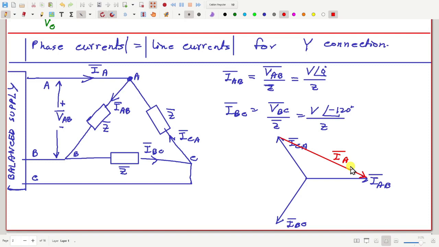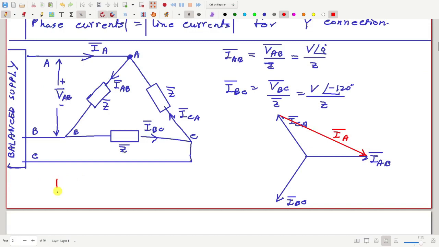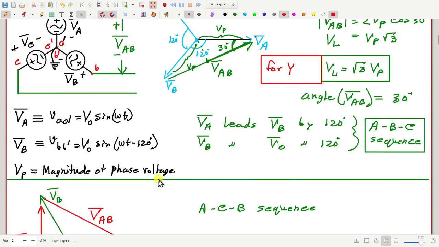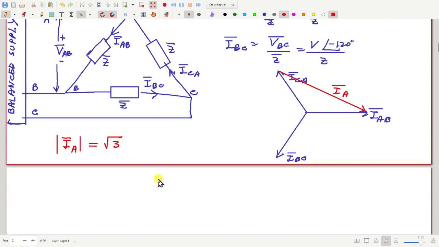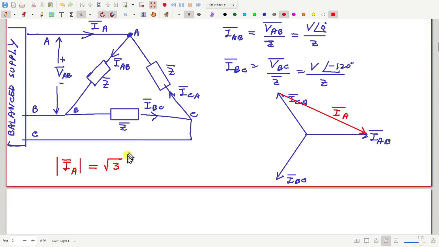Okay, now from this, can you tell me how much is the magnitude or RMS value of IA in terms of the magnitude of IAB? Root 3 times. Absolutely right. Because this is the same geometry as we have seen here. So that will be root 3 times the magnitude of IAB, or IBC or ICA.